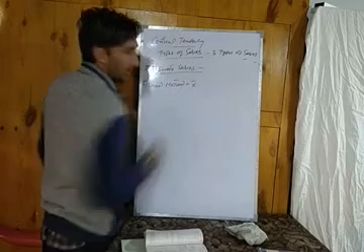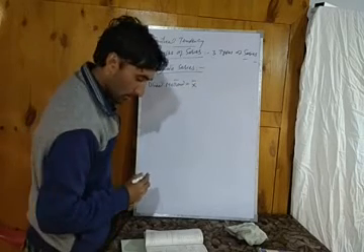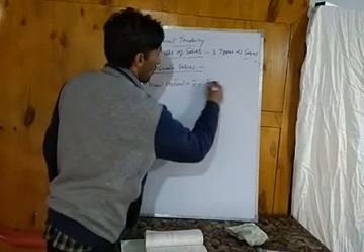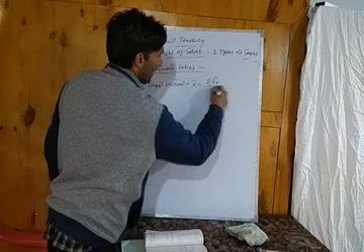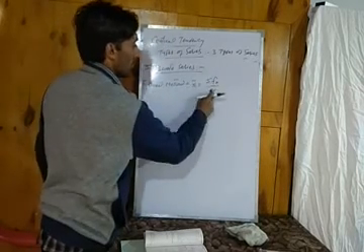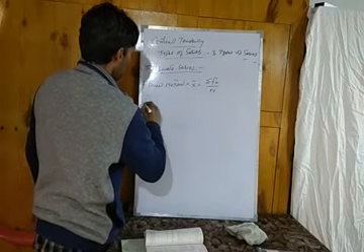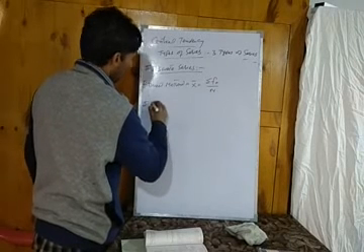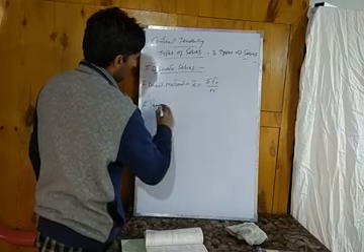For direct method, the formula for calculation is summation of fx divided by n. Frequency into x divided by n. Then the shortcut method.